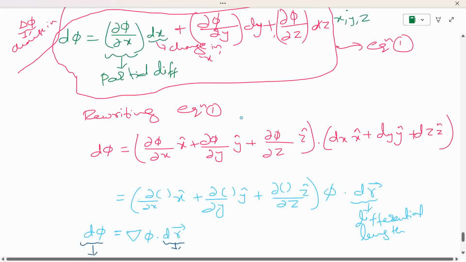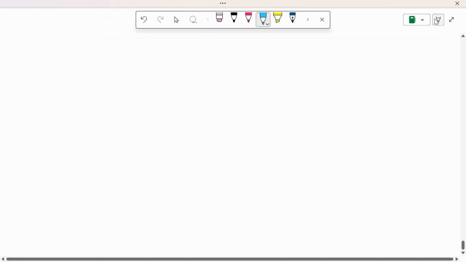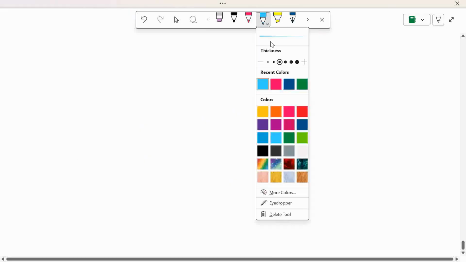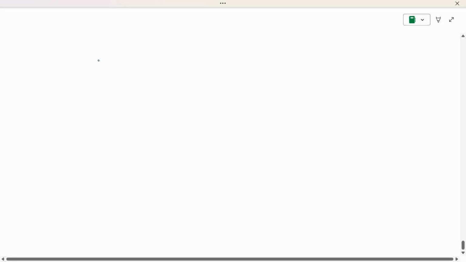In Cartesian coordinates, we used the differential length increases dx, dy and dz.